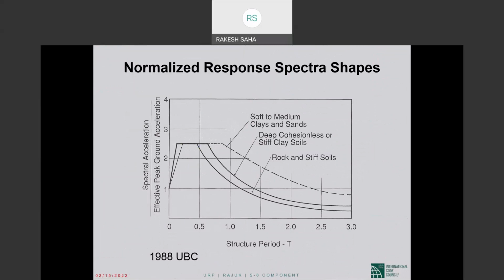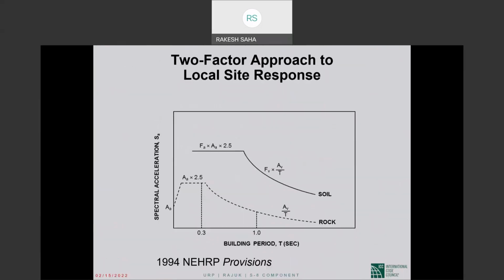So this is the design spectrum of the 1988 UBC. Spectral acceleration on the y-axis, normalized with respect to the effective peak ground acceleration as the ATC3 spectrum. Okay, so 1988 UBC.